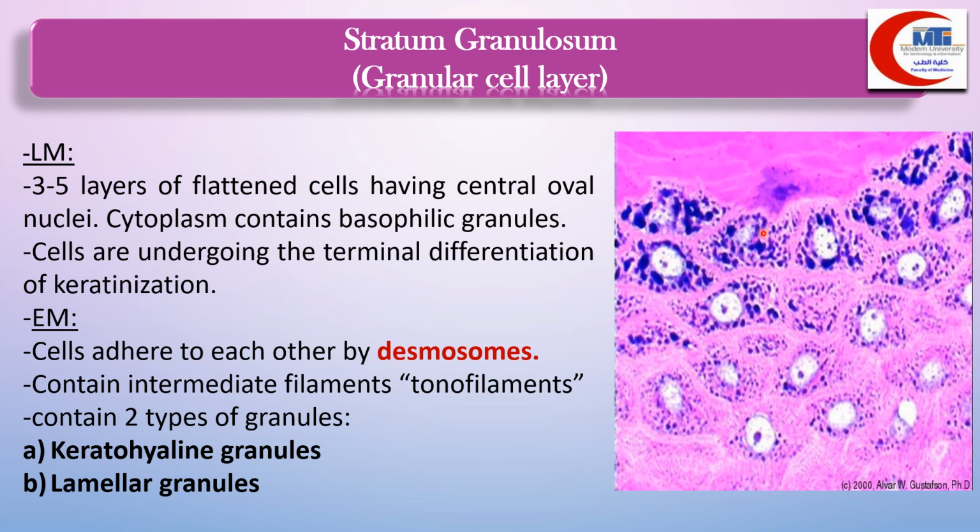The cells of this layer are undergoing the terminal differentiation of keratinization, as the cells at the basal layers start to contain the keratin filaments, and the keratin filaments, as the cells go upwards, increase and become more mature.